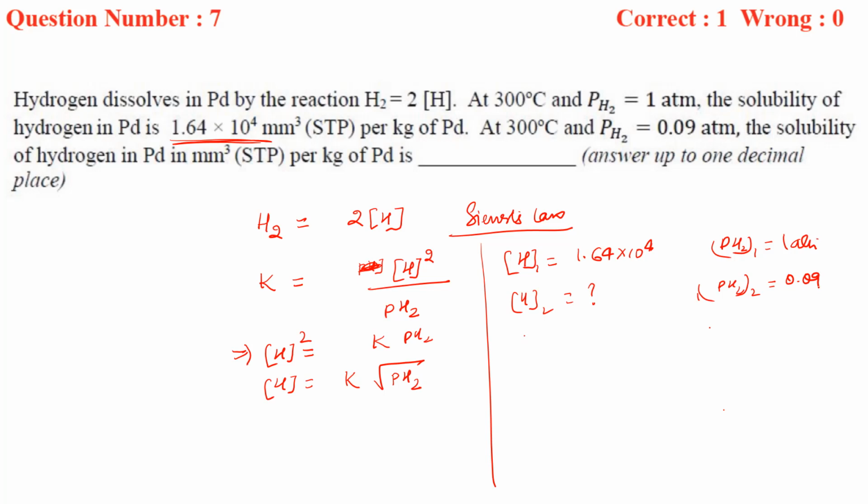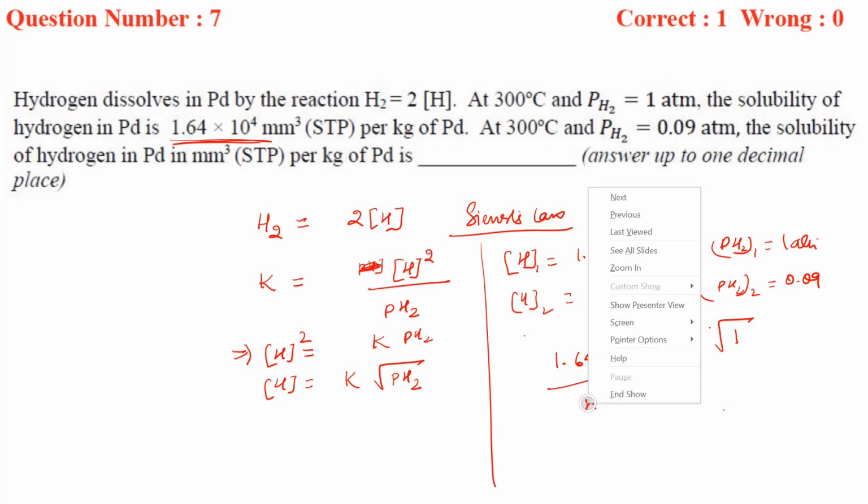Right, so we will simply put this in the equation and divide. So 1.64 into 10 power 4 is equal to k root under 1. Second case, we need to find here.